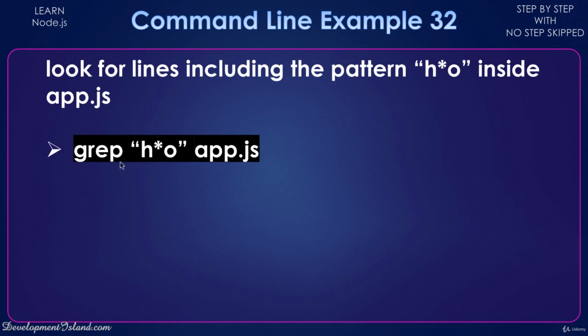Now let's look for lines including a certain pattern inside a file. So instead of looking for hello, you can look for a certain pattern like this one. So that's H followed by any text followed by O. So let's try something like that.